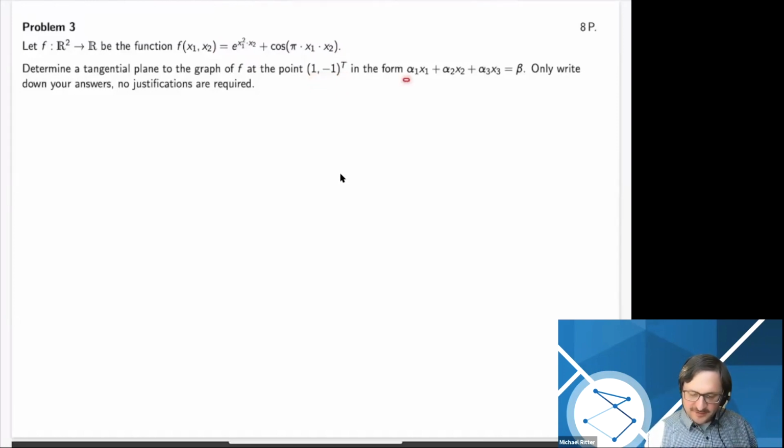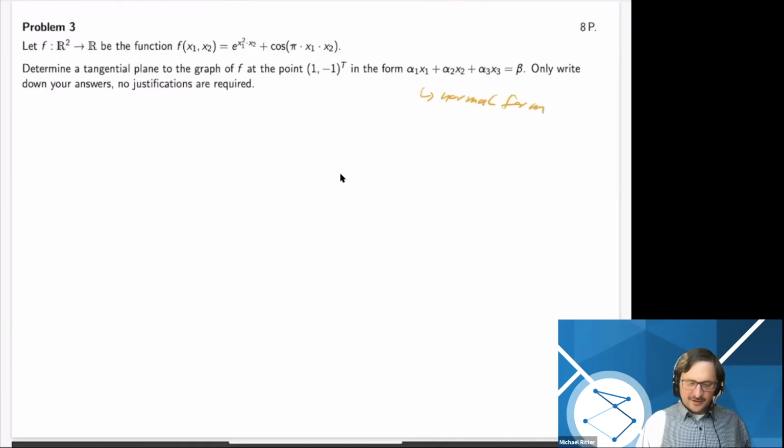In that specific form here, you'll recognize that that is the normal form of the tangent. And that's actually, as you might have guessed, a problem from one of the last exams, from 2017, I think.